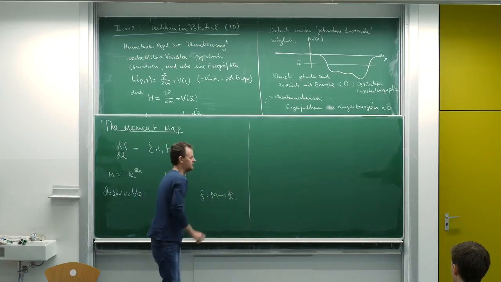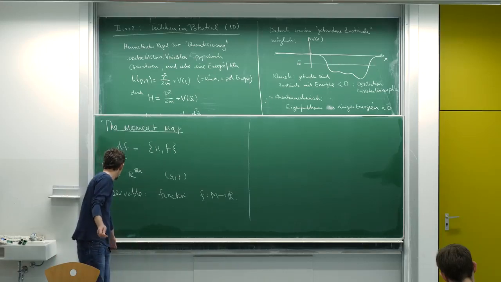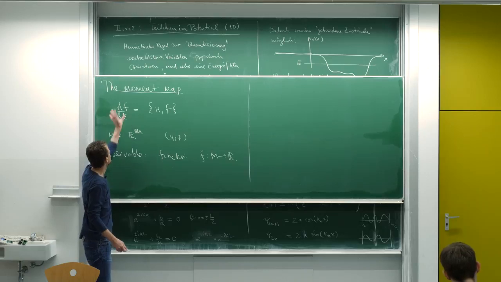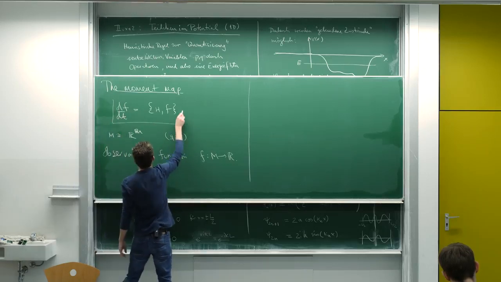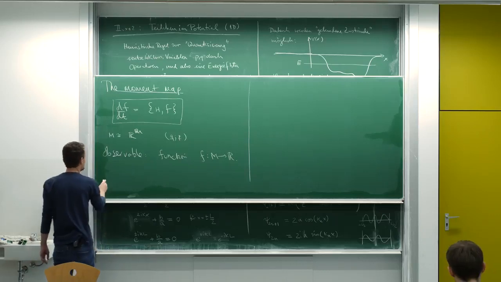And the time development of this observable, if you like the Heisenberg picture dynamics, is determined by this equation of motion, where H is the Hamilton function, the Hamiltonian.